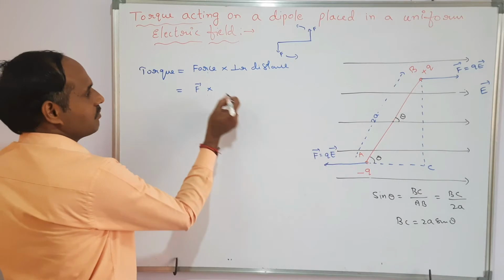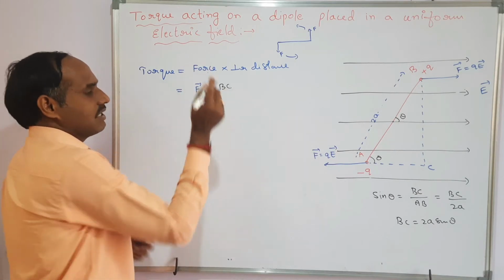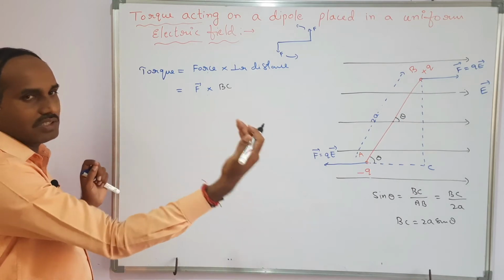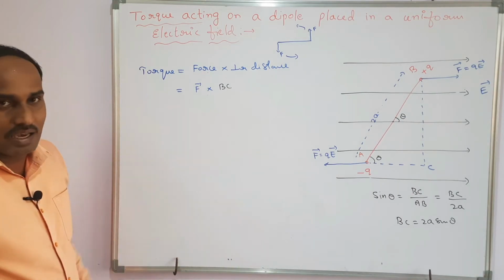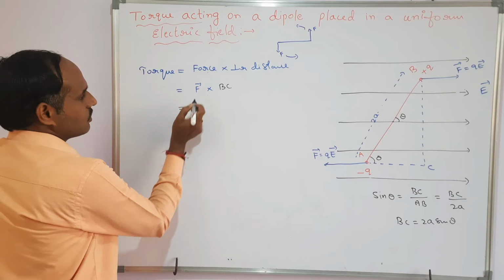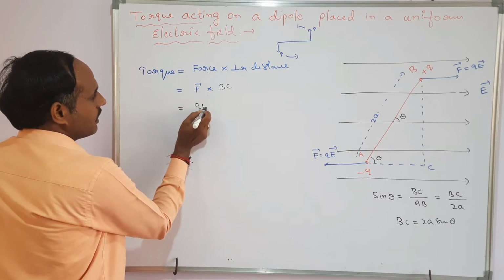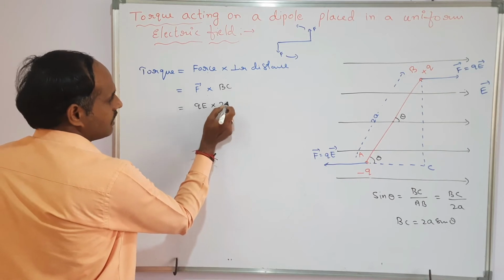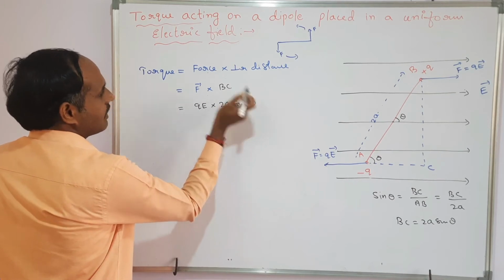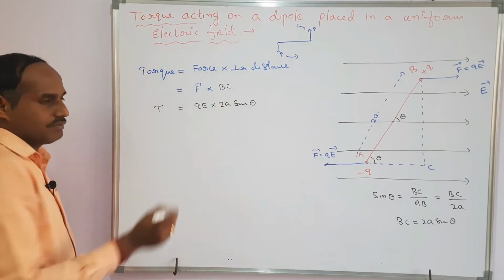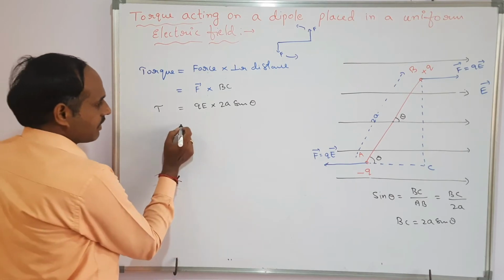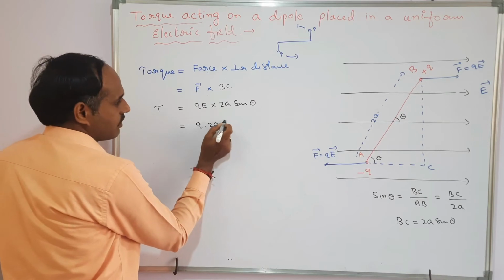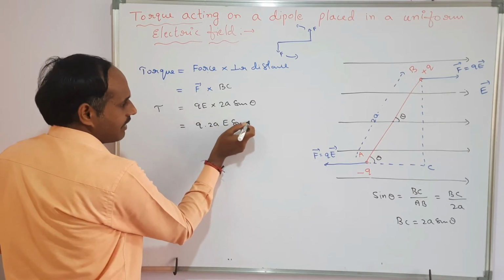This is the perpendicular distance between the two forces F1 and F2, which are in opposite directions, one rightward and another leftward. Now the magnitude of this force is q into E, and the perpendicular distance is 2a sine theta, giving the torque tau. Rearranging, we can write q into 2a into E sine theta.